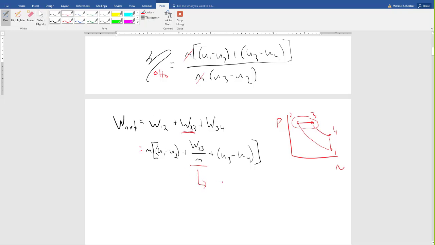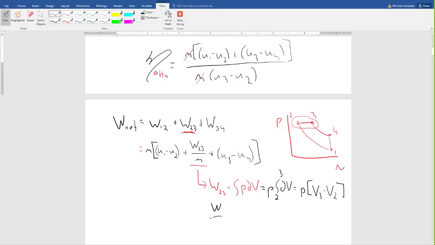We remember that work from 2 to 3 is equal to the integral of P dV. We know that the pressure here is constant, P2 is equal to P3. So I'm just going to say P times the integral of dV from state 2 to state 3, which is equal to P times V3 minus V2.